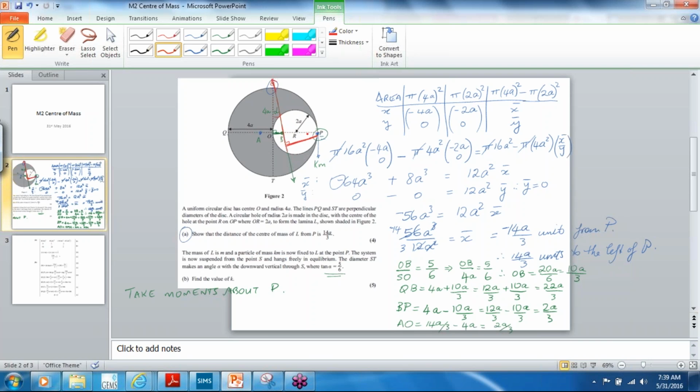If that's alpha, that is alpha here. And so we want this force times this distance. And this distance happens to be the hypotenuse, PB.